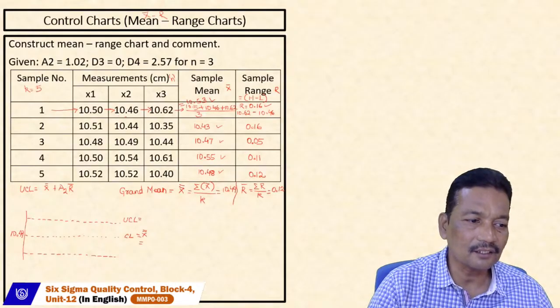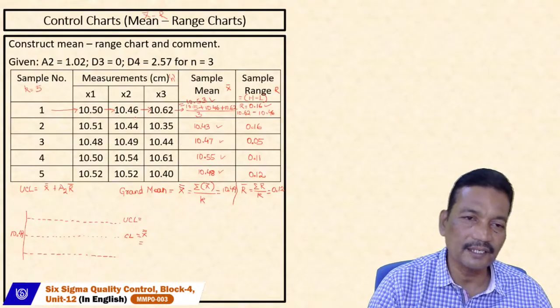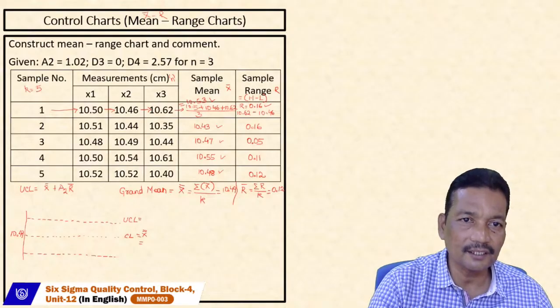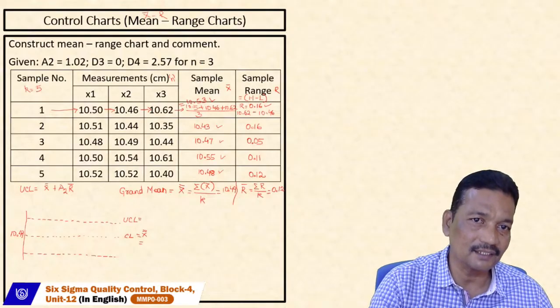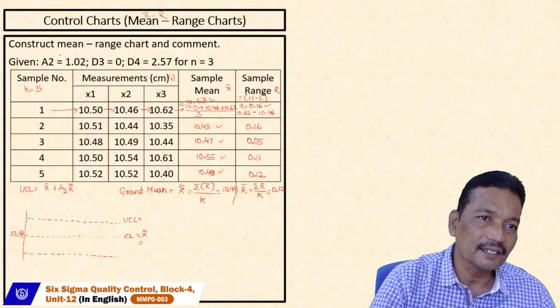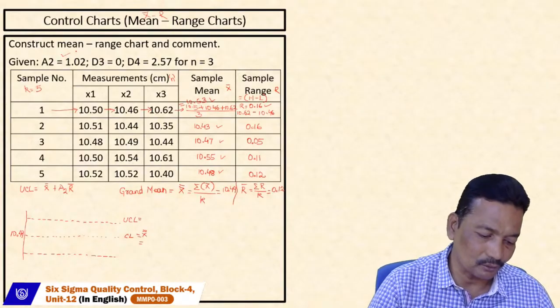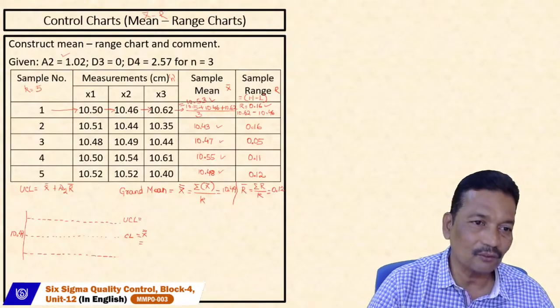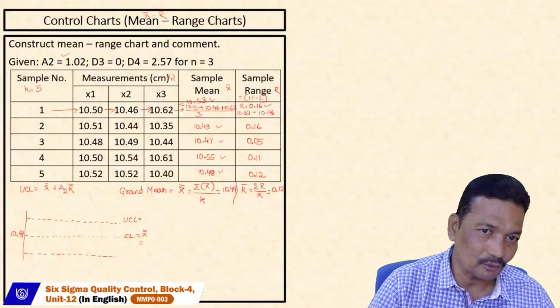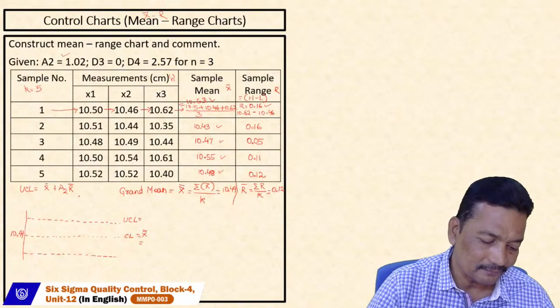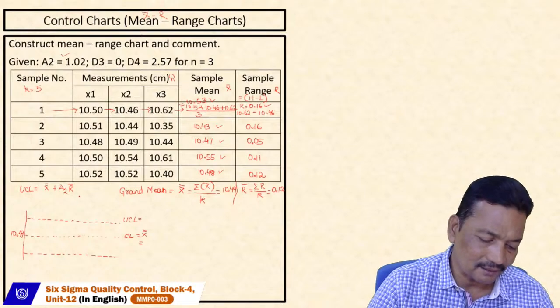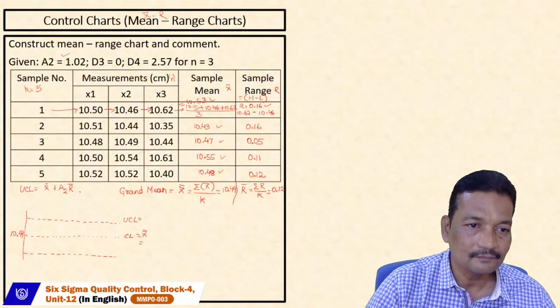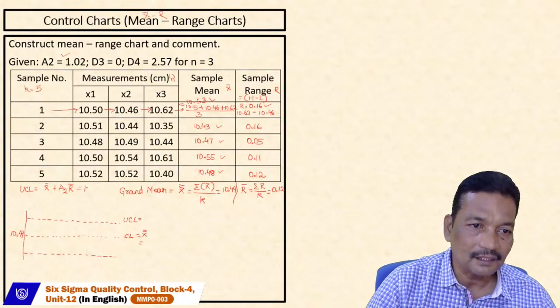Our each sample here contains 3 items, so n is equal to 3. So based on n equal to 3 from statistical tables, we get A2 as 1.02. So if I put all the things in the formula now, X double bar I know, A2 I am getting as 1.02, R bar also I have calculated, then the value comes out as 10.61.